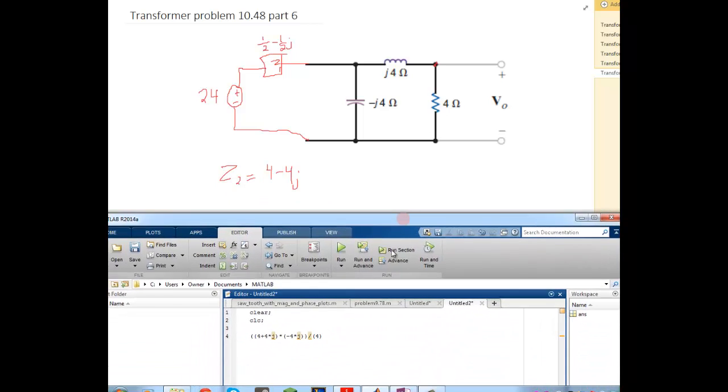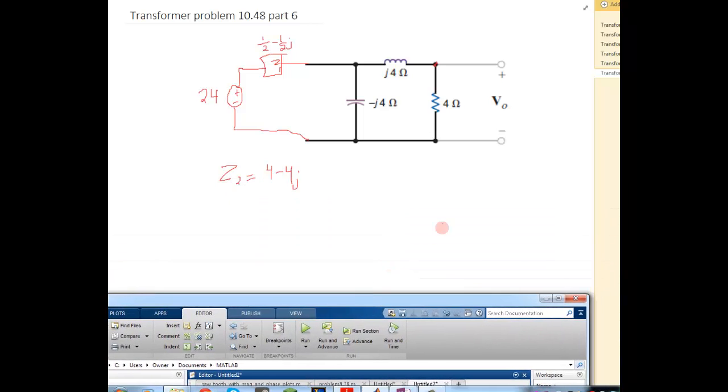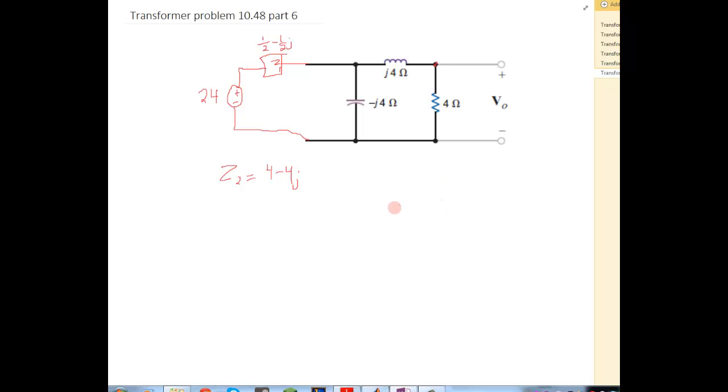Okay, so now we want to voltage divide. So our circuit now, I'll draw this circuit again. We have our 24 volt source here. We have Z1. We have Z2. And we'll call this Vx.